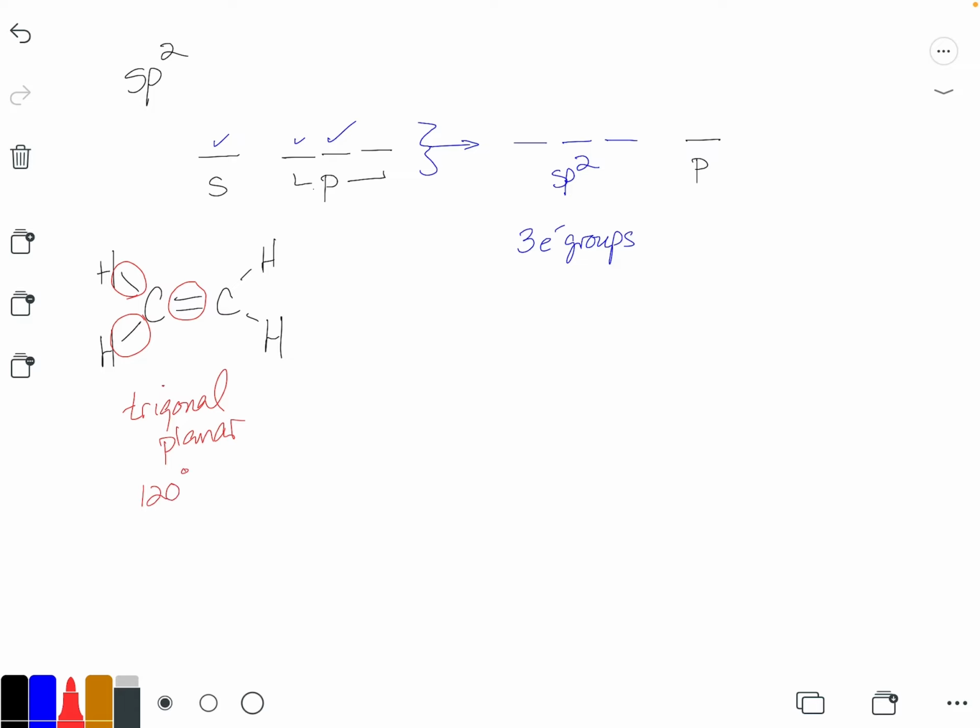And that's still true now, right? Nothing changed. But in terms of hybrid theory, we want to think about it here. Well, what do I need to make those 3 electron groups? I'm going to need to think about combining or hybridizing an s orbital with 2 of the p orbitals so that I get the 3 equivalent electron groups around that central atom.